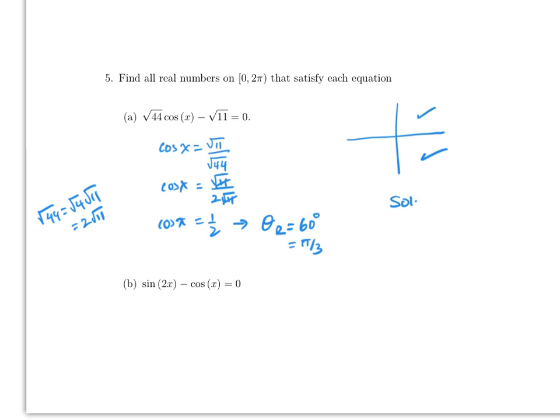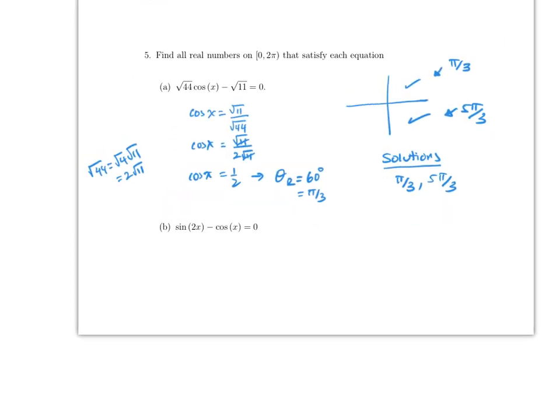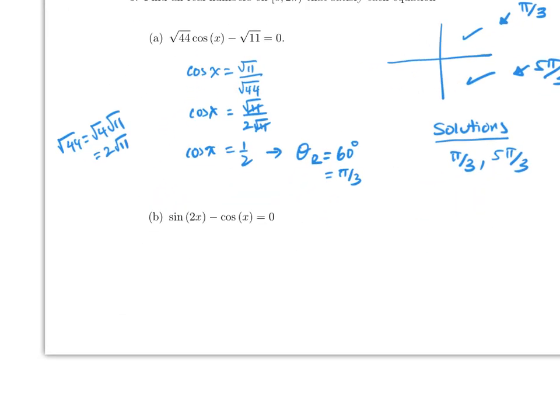Therefore, the solution, if it is here, is pi over 3. And if it is in the last quadrant, it is 2 pi minus pi over 3 for this one. That's it.